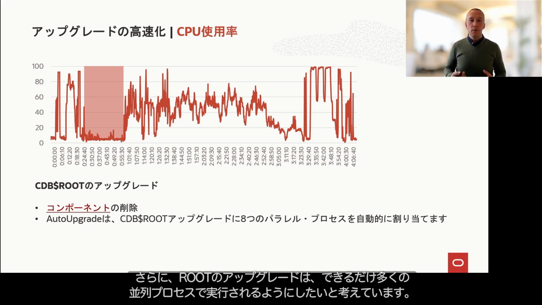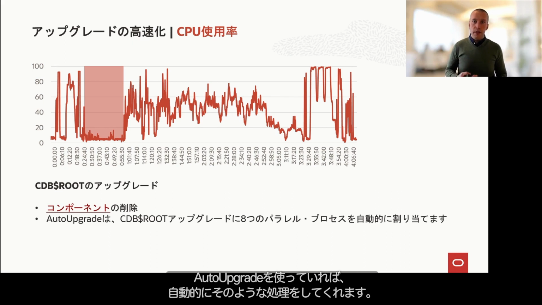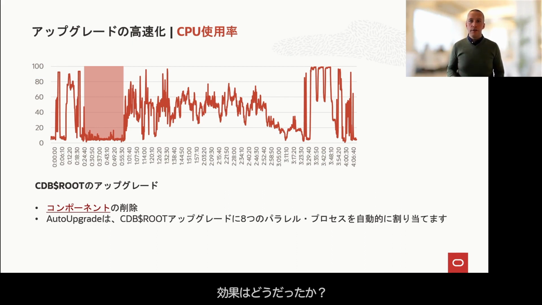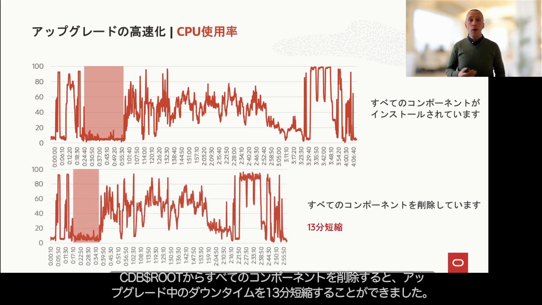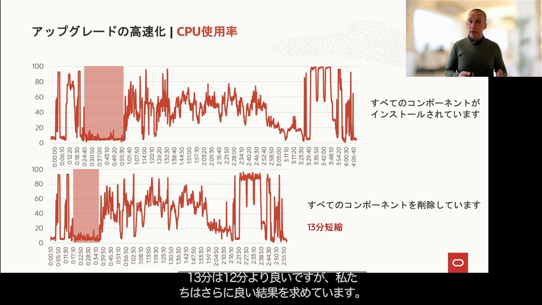And in addition, we want to ensure that the upgrade of root runs with as many parallel processes as possible. If you use AutoUpgrade, it'll automatically take care of that for you. What was the effect? Well, if we removed all components from CDB$ROOT, we could save 13 minutes of downtime during the upgrade. 13 is better than 12, but we want even better results.